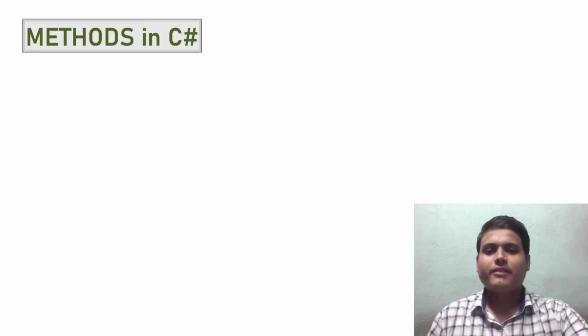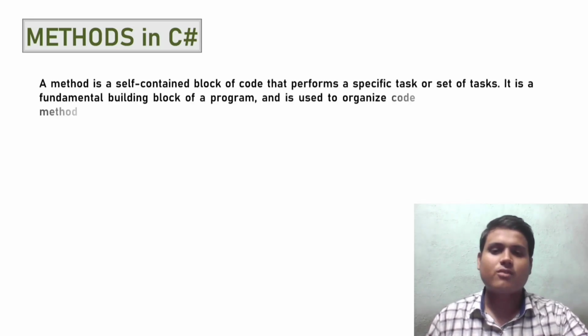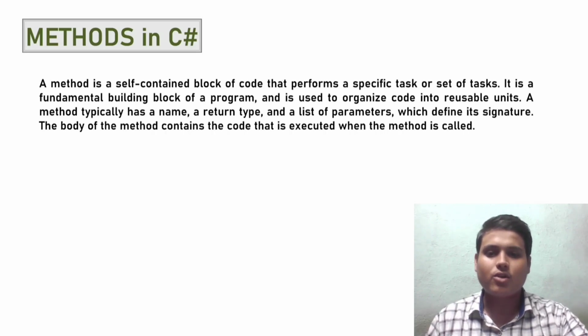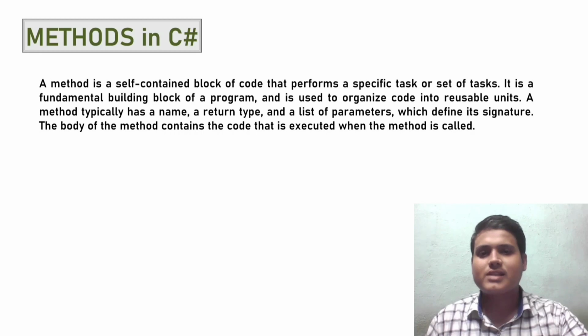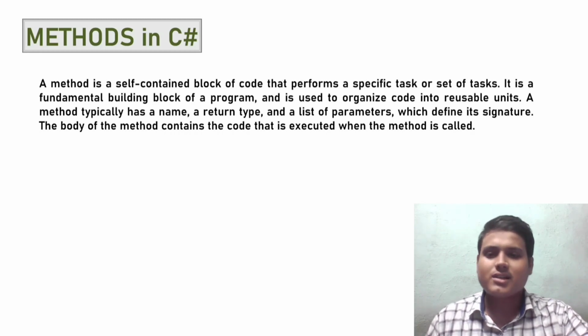Hello, myself Anurag Dwivedi, and now we are going to see what a method is in C#. A method is a small reusable piece of code that does a specific job, also known as a fundamental building block of a program. It is a set of instructions that tells the computer exactly what to do. The parts of a method are seen here: name, return type, parameters and body.